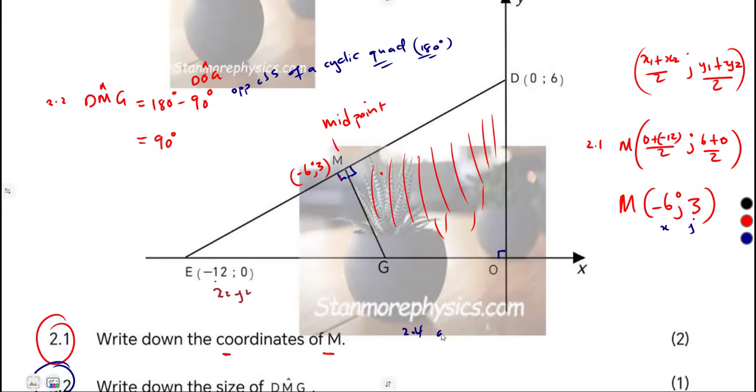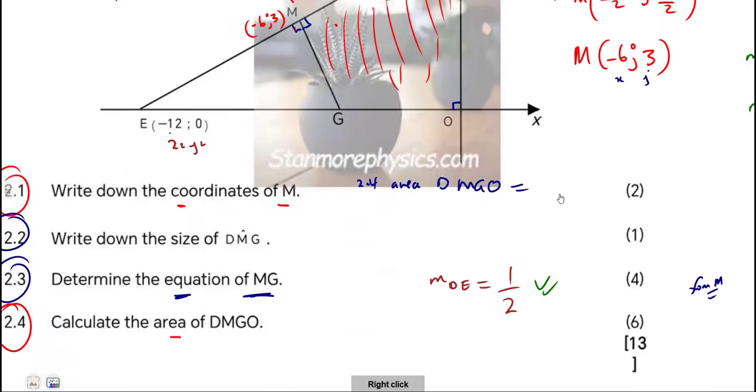So as for me, guys, to determine this area, I'm going to work with the bigger triangle, like I said, to find the area of what they said: DMGO, from D to M to G to O. That is what we are given here.